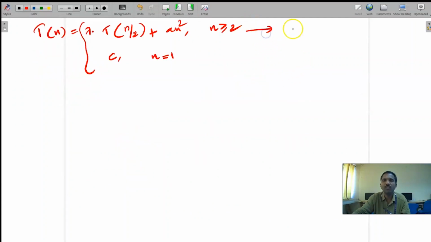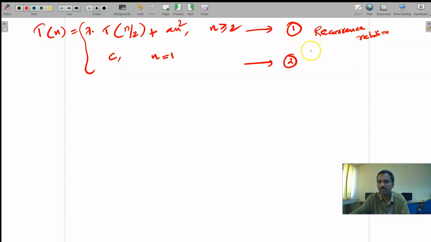So let us call this equation 1 and this equation 2. Equation 1 is a recurrence relation, where equation 2 is the termination condition.